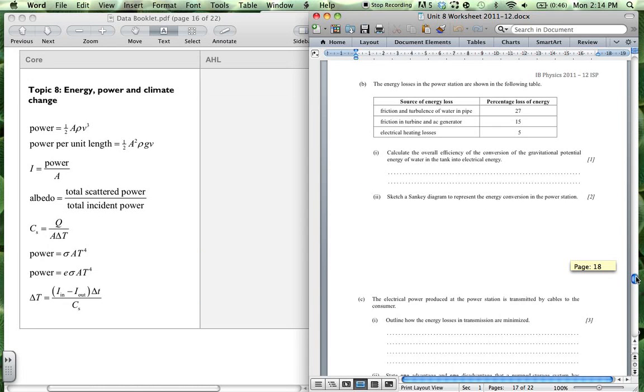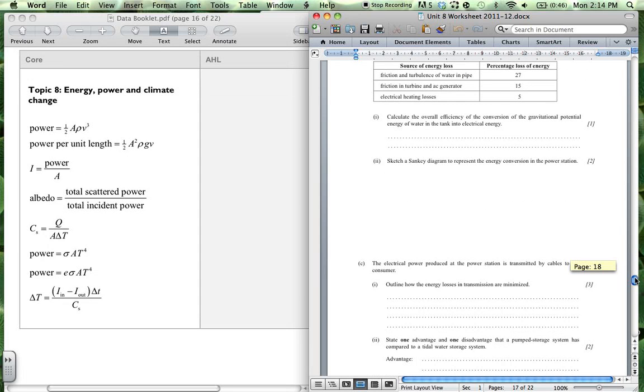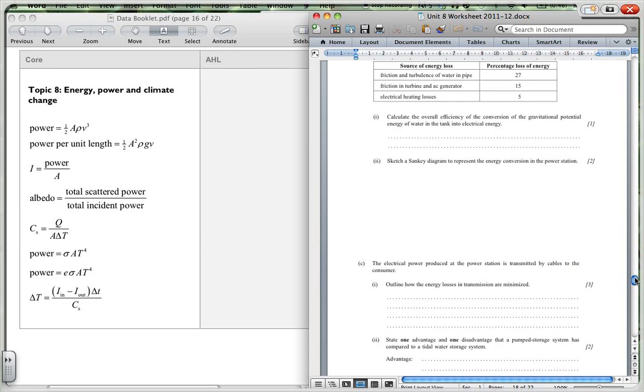Now going into question B, we have that the energy losses in the power station are shown in the following table. The sources of energy loss are friction and turbulence of water in the pipes, friction in the turbine and AC generation, and electrical heating losses.